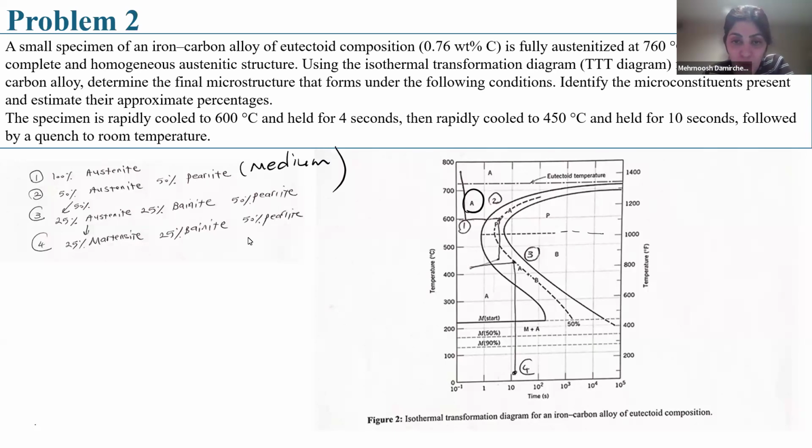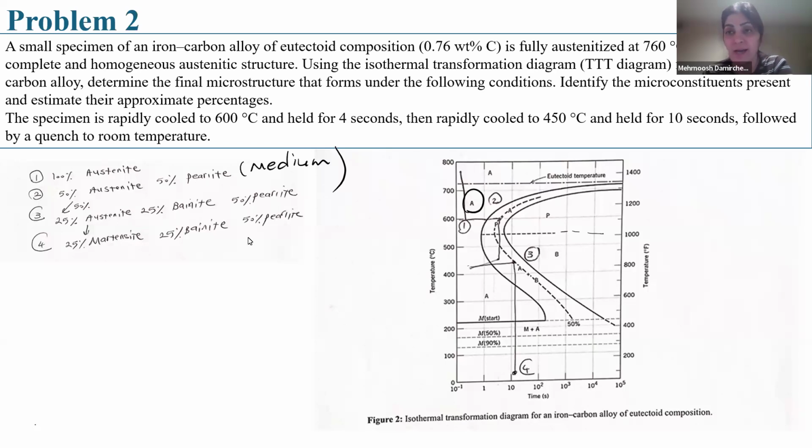Then cool to 400. Again, you see that we go back to before 0%. Why? Because we want to reset the time and reset the process and see how it converts, and hold for 10 seconds. 10 seconds is here. So we have 50% austenite, 50% pearlite.